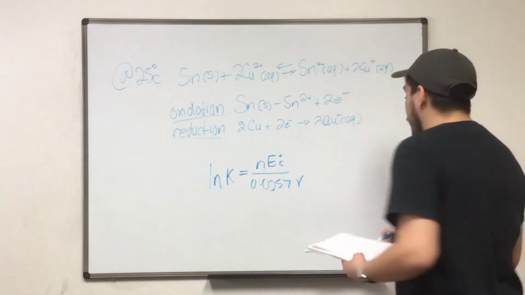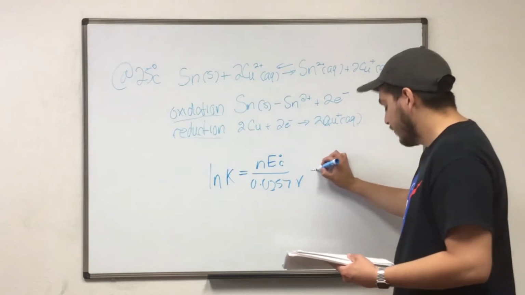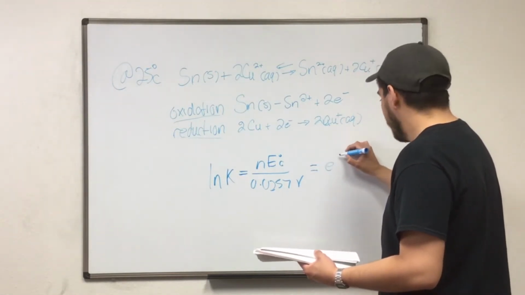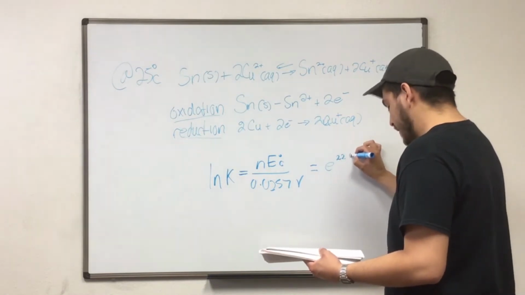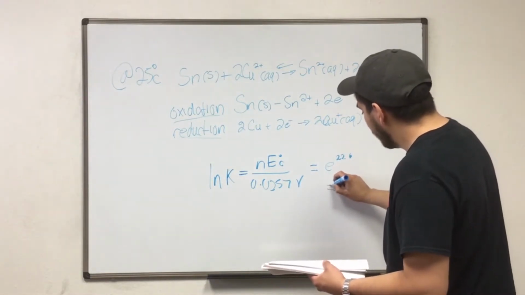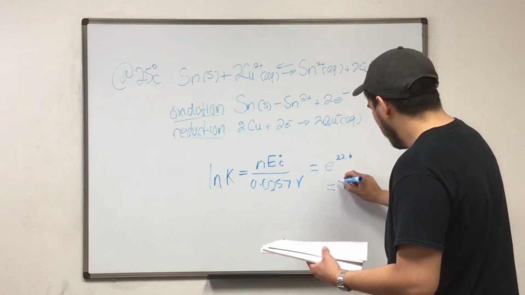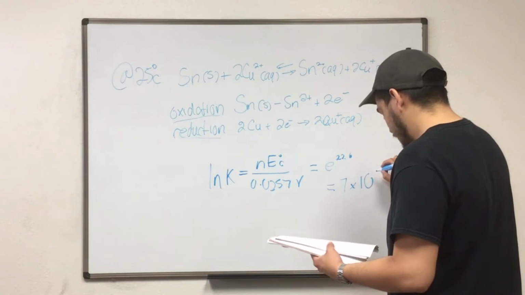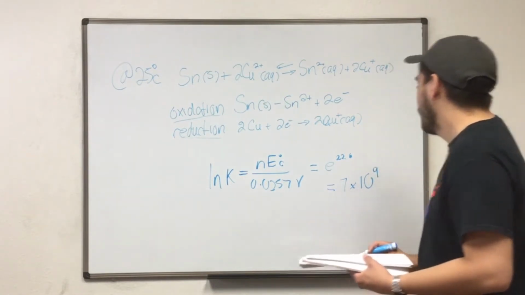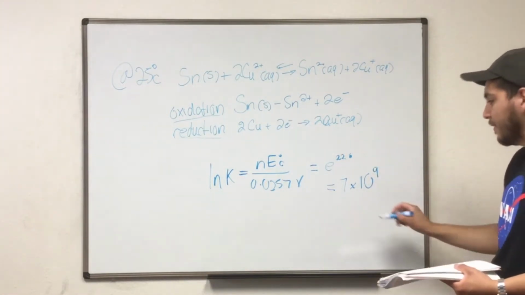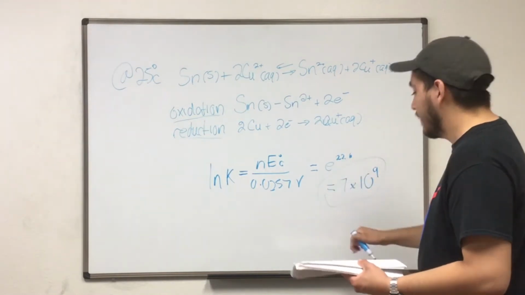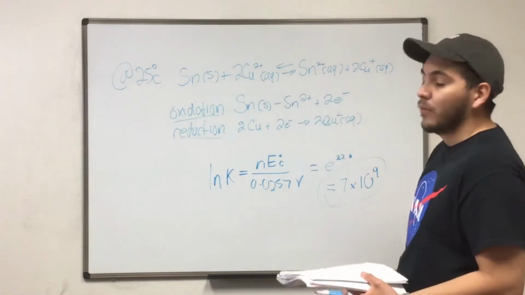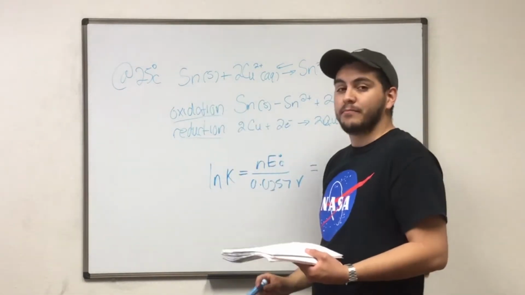If we solve for this, your answer should be e to the 22.6, and if you solve it in your calculator, it should be 7 times 10 to the 9th power. This is the K constant for the reaction at 25 degrees.